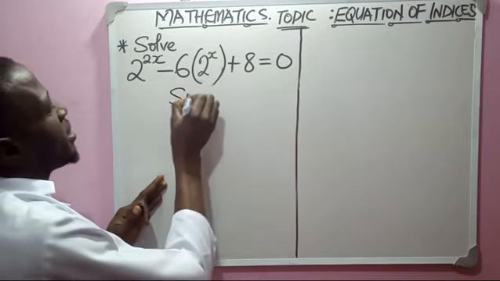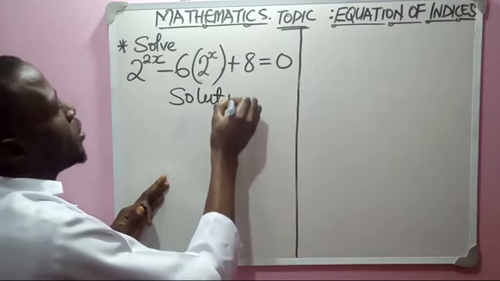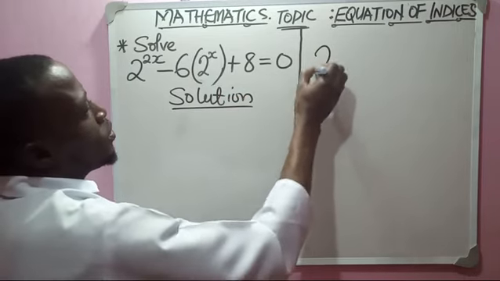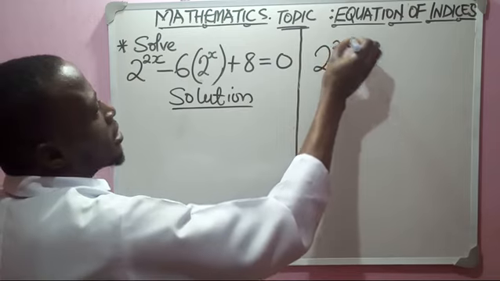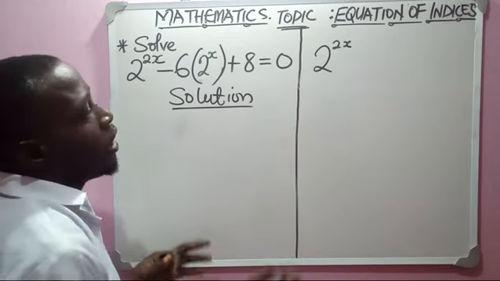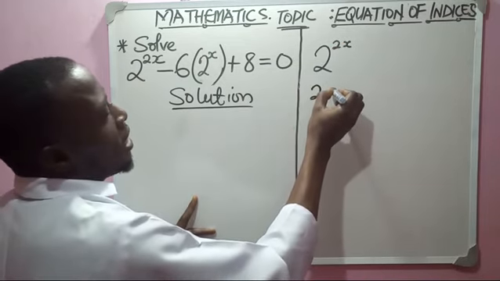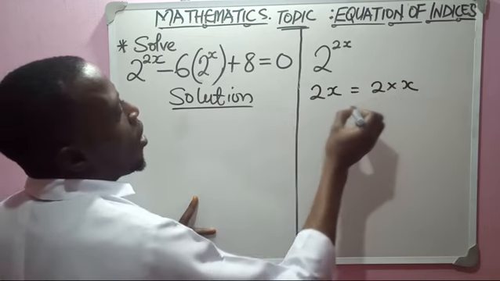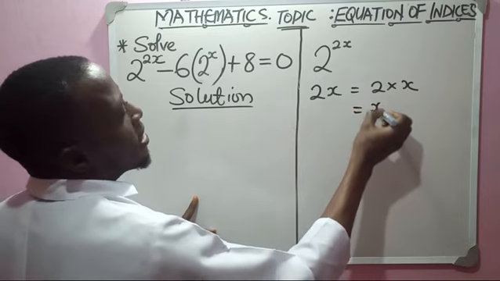you will observe that the first term there is 2 raised to power 2x. 2x is simply 2 times x, or x times 2.